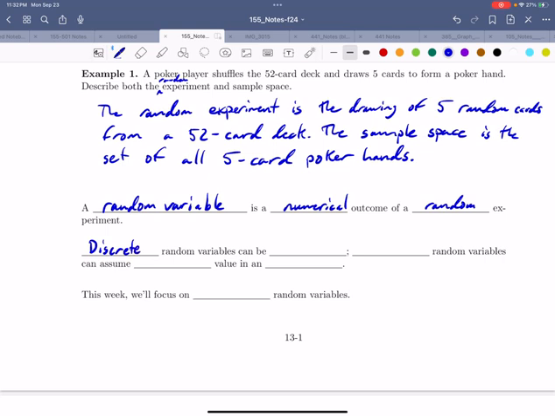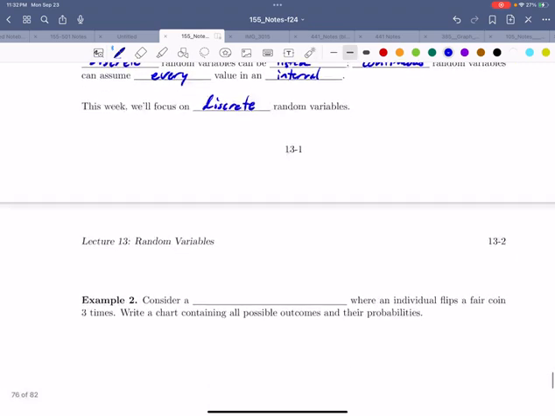Discrete random variables can be listed. Continuous variables, not so much, right? They can assume every value in an interval. This week, we're going to focus on discrete random variables. When we turn to the normal distribution next week, that's when we'll get into more continuous stuff.